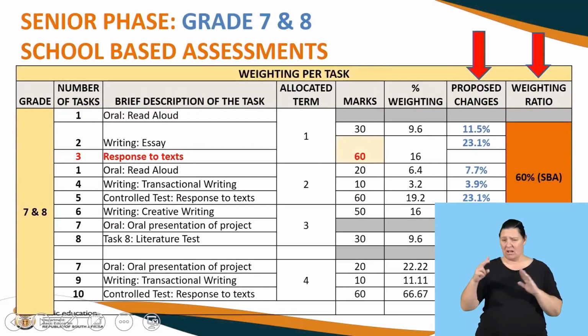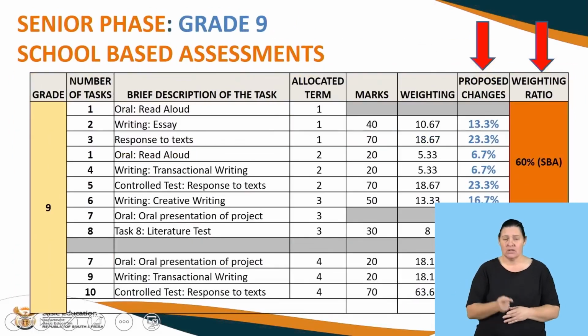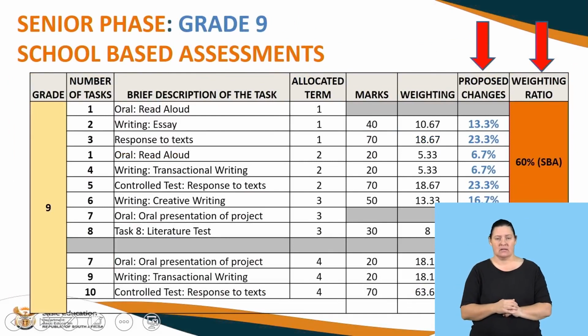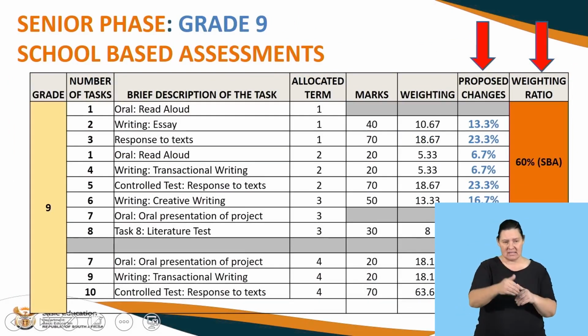The difference between intermediate phase and senior phase is just that in the senior phase we have in total 10 tasks because in addition to the 9 tasks in term 3, we do a literature test where all 4 genres plus poetry is examined in term 3.